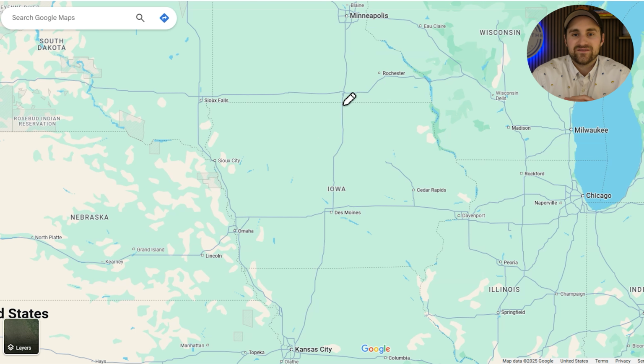Now, obviously we have that east and west interstate, but we also have another major interstate that goes north and south, and that is I-35, and it goes right through the center the other direction. So right in the center, X marks the spot, and what is that spot? Well, that is our capital of Des Moines, and we're gonna talk about that in a little bit, but those are the two main thoroughfares.